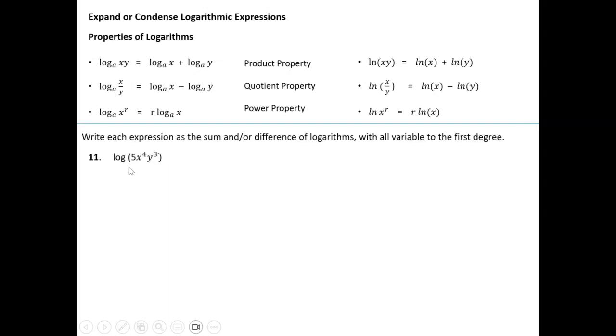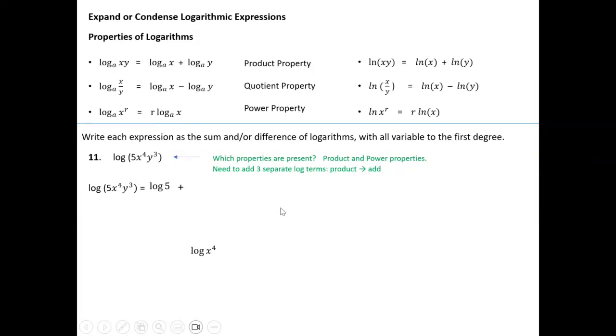Let's expand this one here. Which properties are present? If we notice, we have the product property, because we're multiplying, and the power. We have 1 and 3, product and power. We need to add 3 separate log terms, because remember, there are 2 variables here, so we have two log terms. Now here we have a number 5 and 2 variables, so it's going to be 3 log terms.